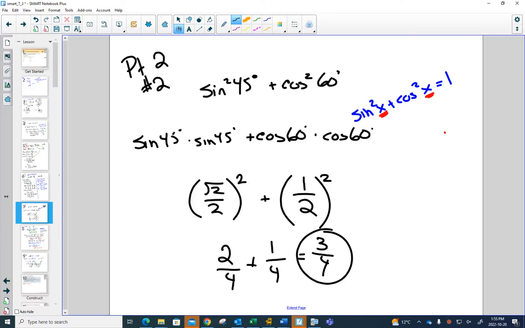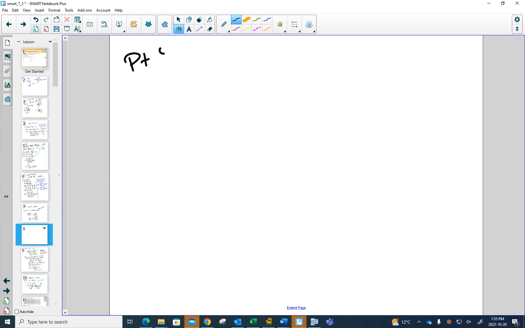Part 4, number 9. Ooh, this is a good question. When is sine theta bigger than cos theta?